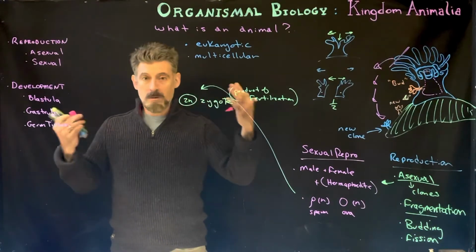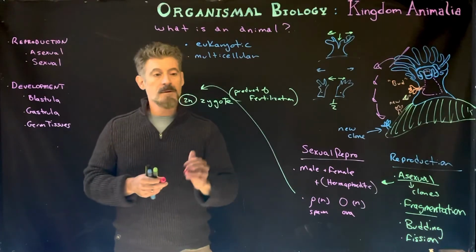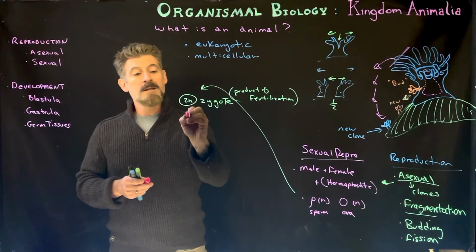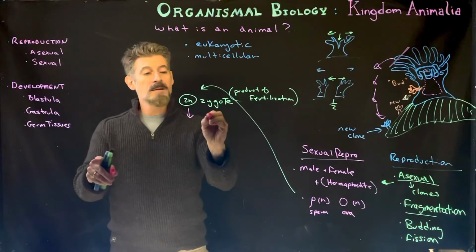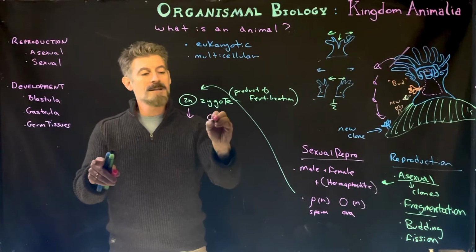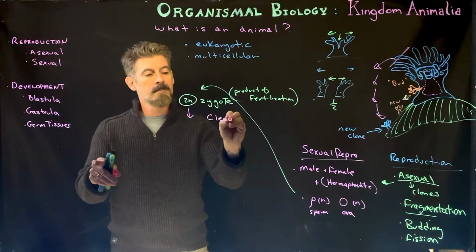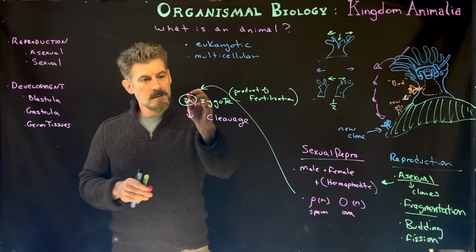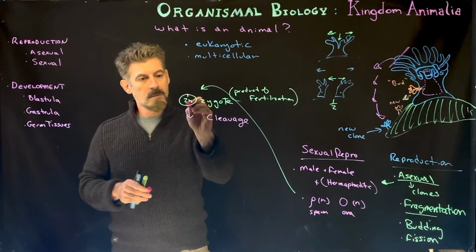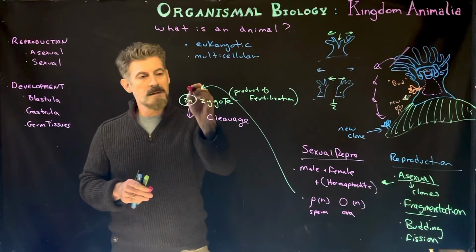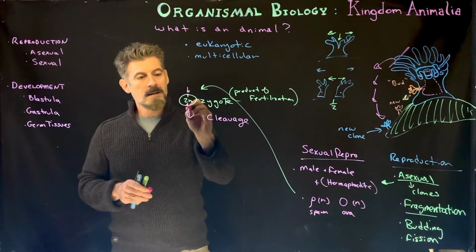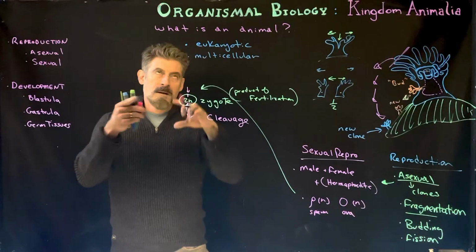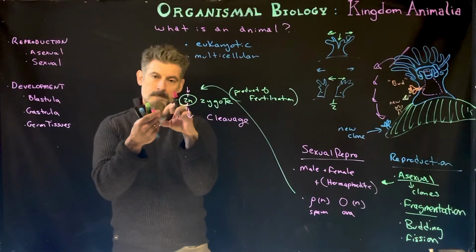What will happen, though, again, as a common sort of thing, is the cell is going to divide. The division process in animals we refer to as cleavage. That's because there's a thing called a cleavage furrow, where internally part of the cytoskeleton that interacts with the membrane is going to start to tighten and pull.